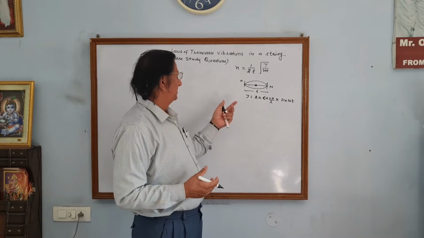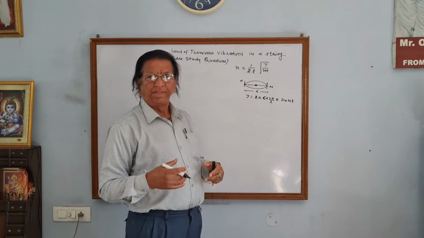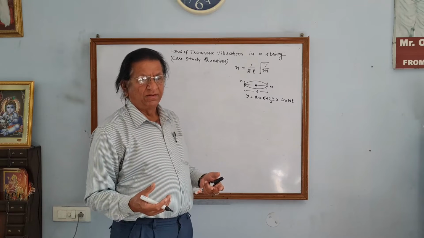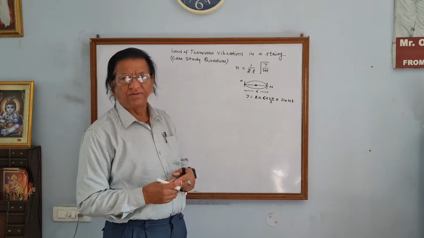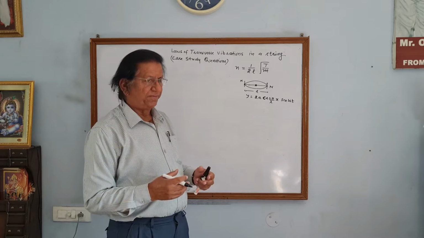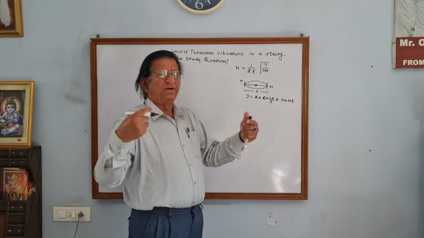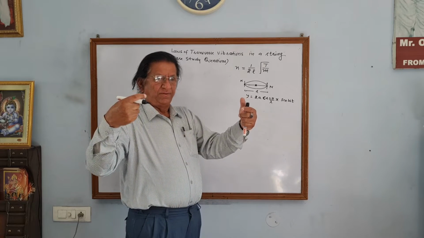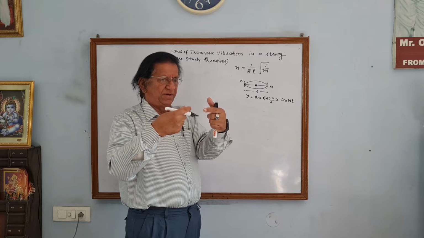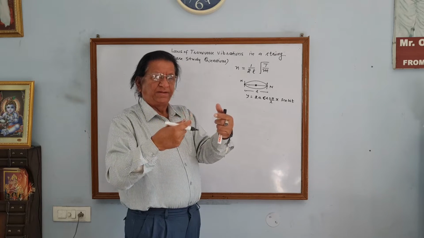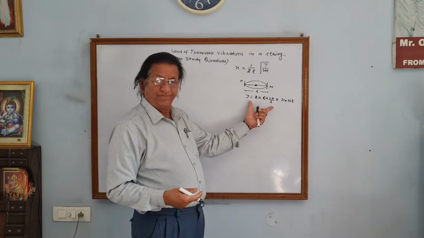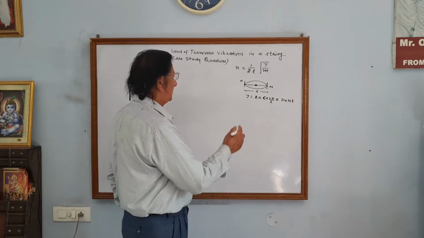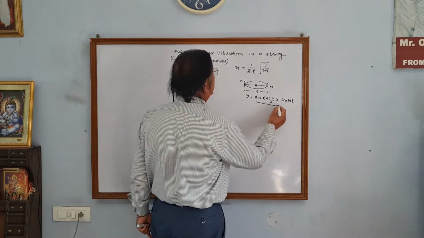So we talk about nodes and antinodes in standing wave formation. The requirement is two identical waves approaching each other from different directions, then you get a resultant wave.